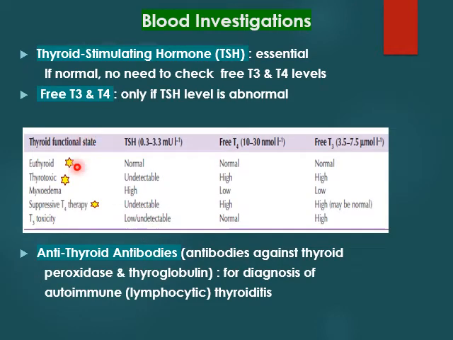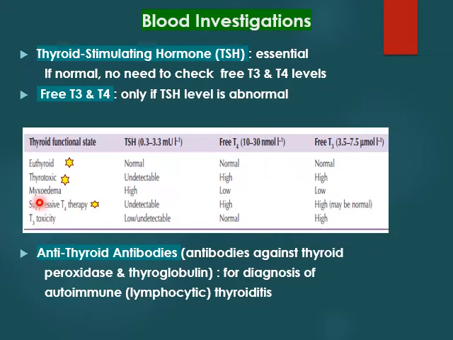This table here shows you the normal levels. Euthyroid, normal: TSH normal, free T4 normal, free T3 normal. Thyrotoxic: TSH undetectable, whereas T4 and T3 are high, elevated.